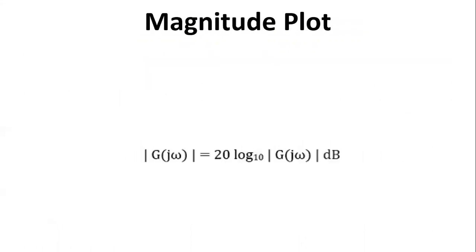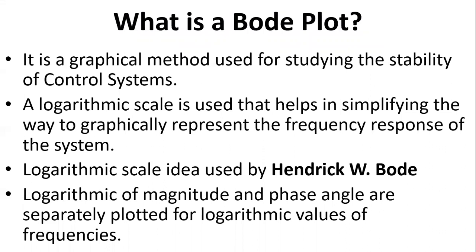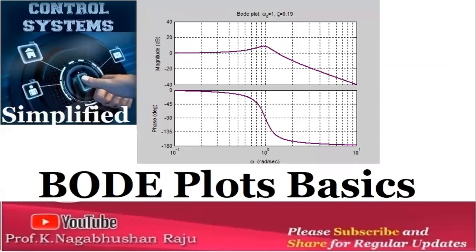Previously we have seen that the basic form of the frequency response curve represents a plot between magnitude and phase angle, sketched for various values of input frequency. In such plots, omega varies from 0 to infinity, for which various values of magnitude and phase angle are achieved.